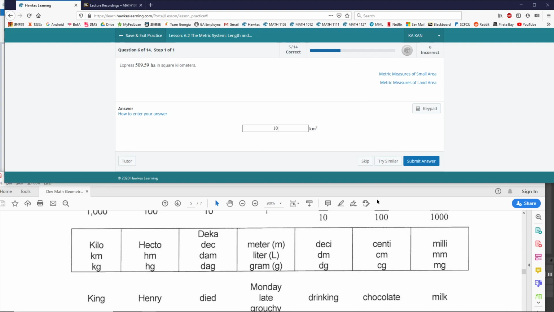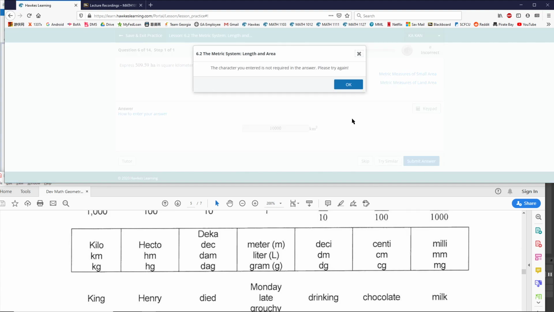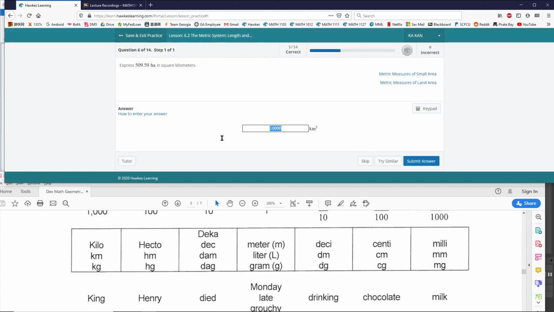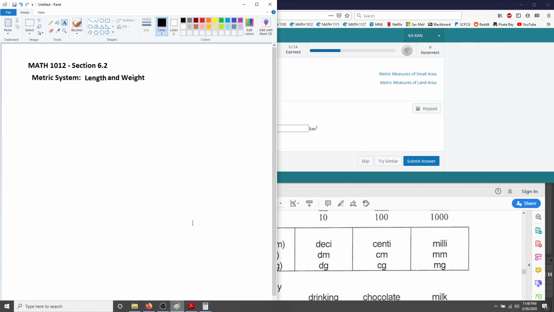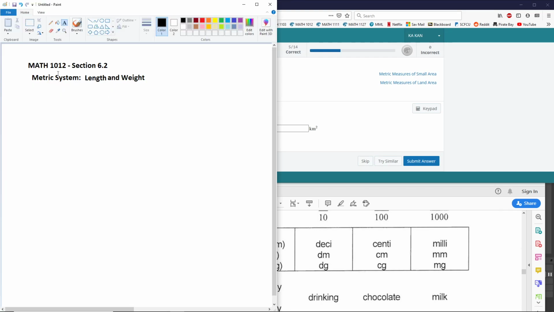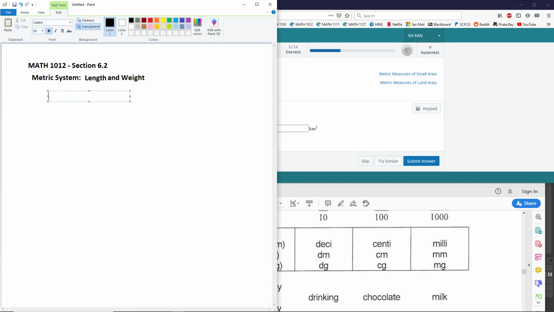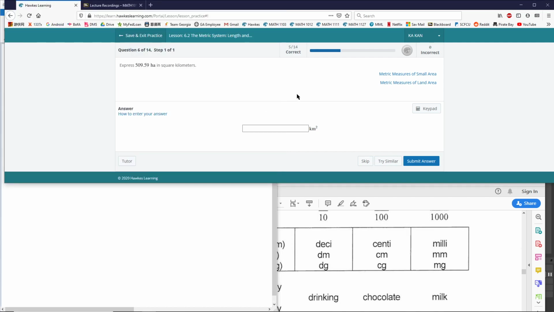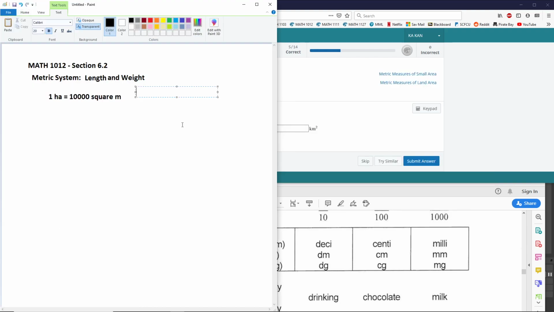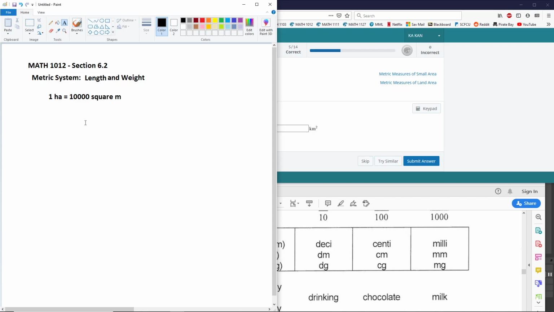We currently have 1 HA, which is 10,000 square meters. So we have to figure out what that is in square kilometers. We have to change this.